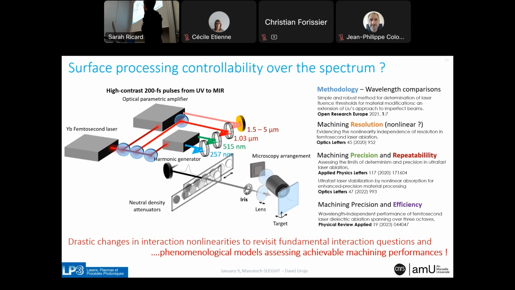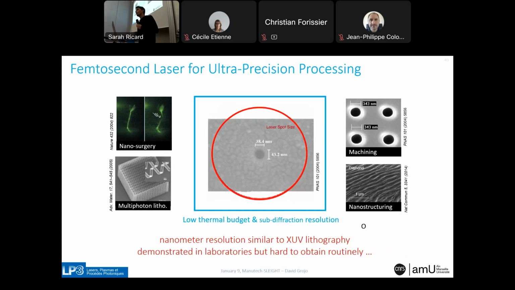Changing the wavelength in this very large domain, obviously you will change drastically the absorption processes. And then you can revisit very basic questions like the resolution, precision, repeatability, and also efficiency. The efficiency in terms of processing is very important for technology developments. So this is kind of engineering while revisiting the physics questions.